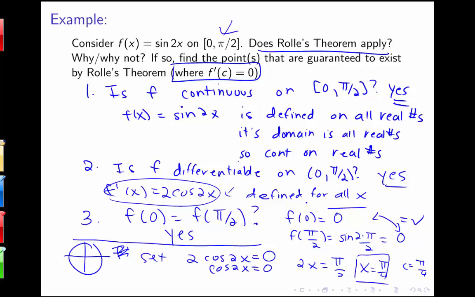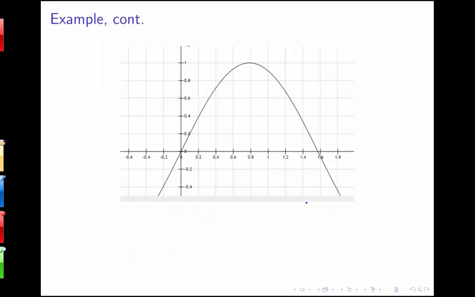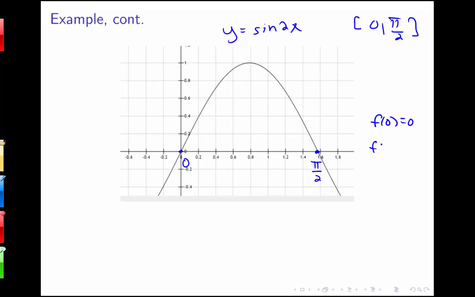We also want to see how this looks with the picture of our function. So we'll go ahead and go to the next slide here. This is a graph of sine 2x, and I was in particular interested in what was going on between 0 and pi halves. So 0 is here, and pi halves is here, because we showed that both f of 0 was 0 and f of pi halves was 0.